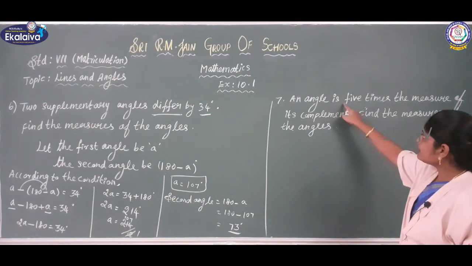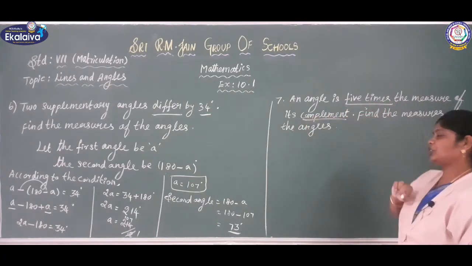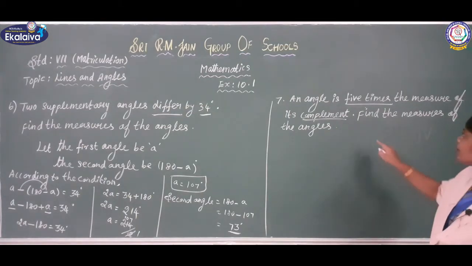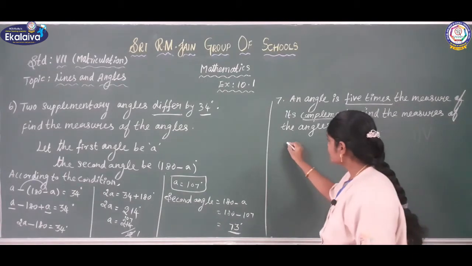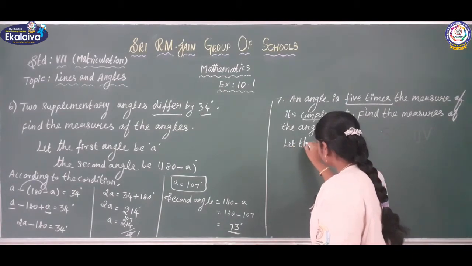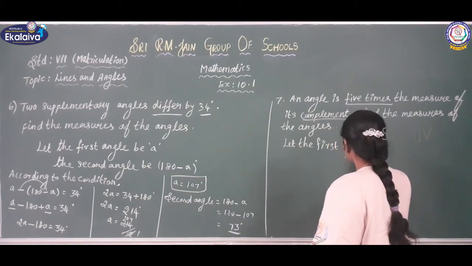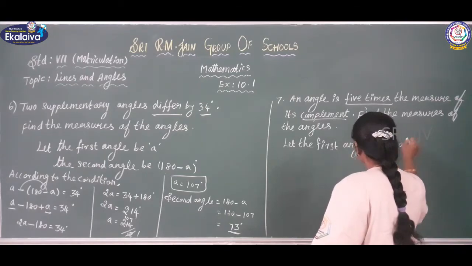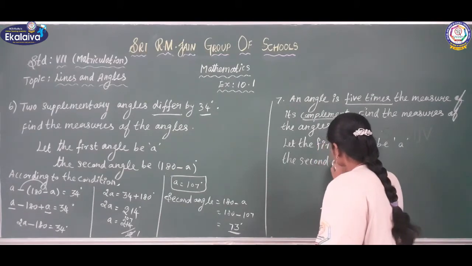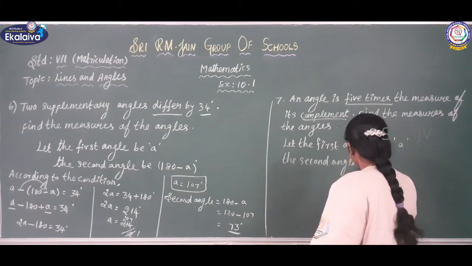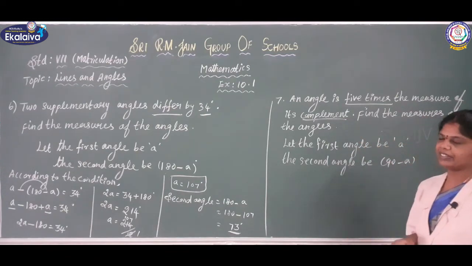An angle is 5 times the measure of its complement. Here complementary angle is given. Find the measures of the angles. Okay. So let the first angle be A, the second angle be (90 minus A) because complementary angle is given. Okay.